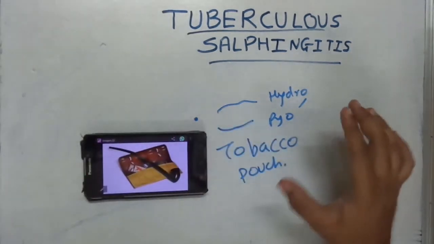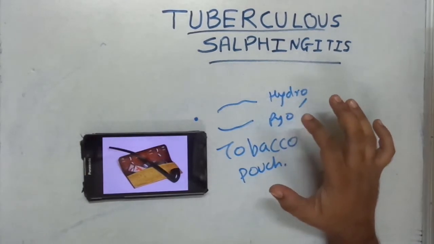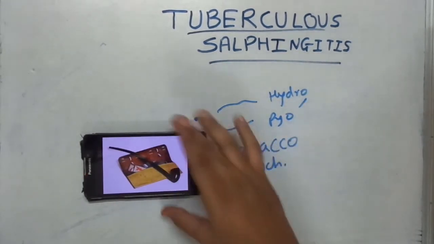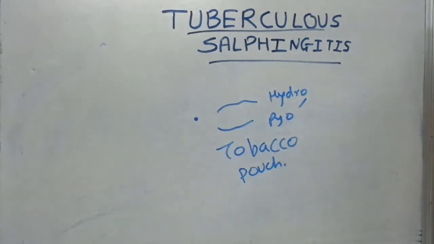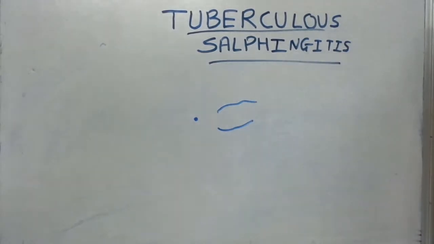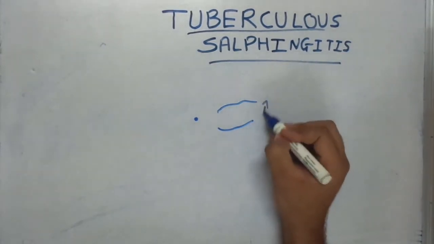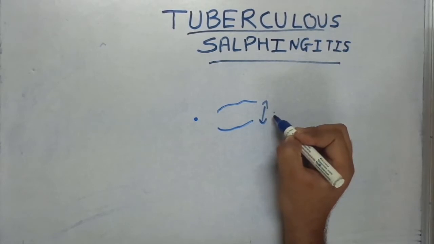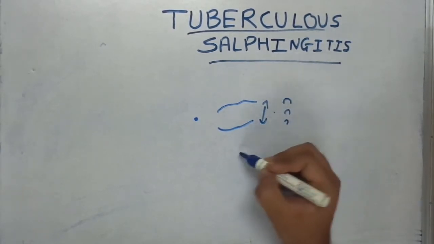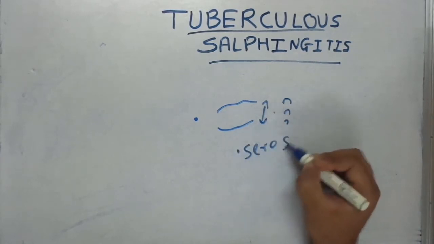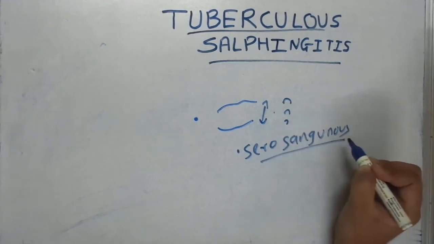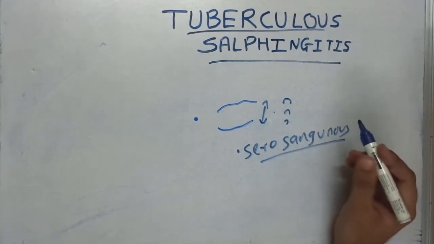Remember, when hydrosalpinx and pyosalpinx is the progression, it appears as a tobacco pouch. Then the fallopian tube is enlarged, that is, increased in size, and greyish yellow tubercles are seen. Again, serosanguinous fluid may be seen, or hematosalpinx may be seen.